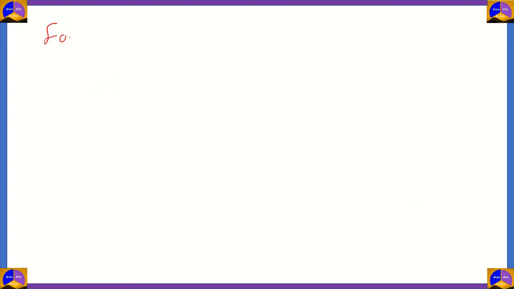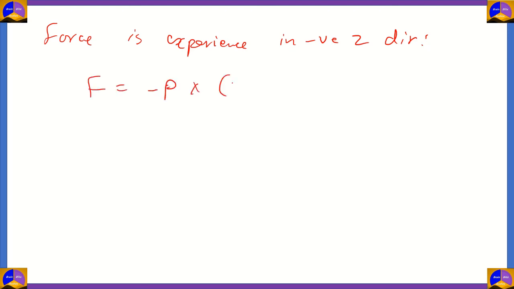What we need to remember is that the force is experienced in the negative z direction, so we need to change our values accordingly. Over here, F is minus of P times minus of dE by dZ.